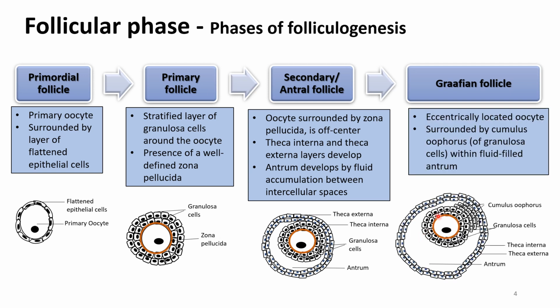Then it becomes a Graafian follicle. In the Graafian follicle, it has the eccentrically placed oocyte, and it is surrounded by the cumulus oophorus cells of the granulosa layer of cells, and this is within the fluid-filled antrum. Now this is a mature Graafian follicle.